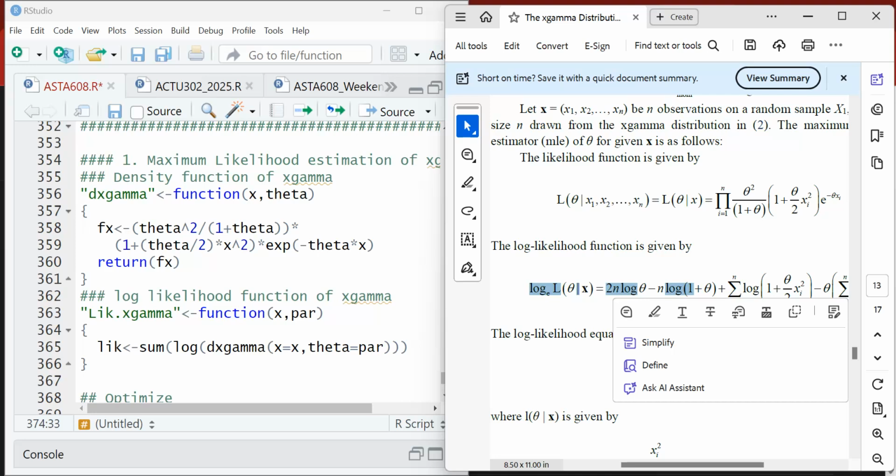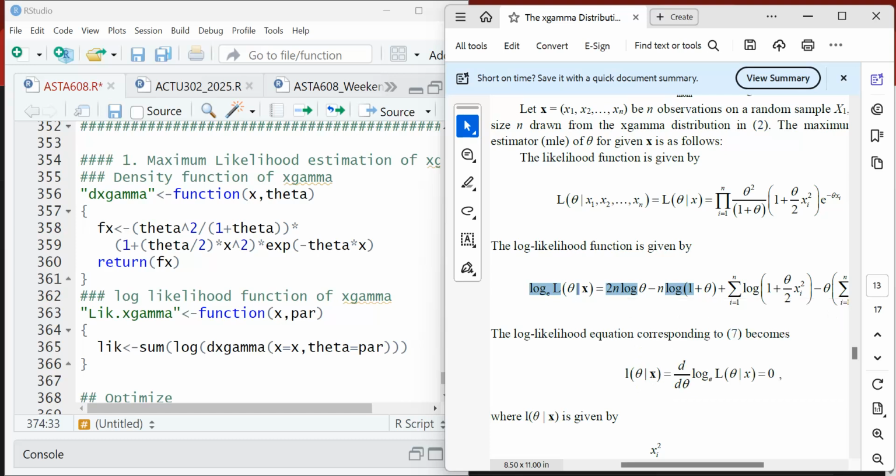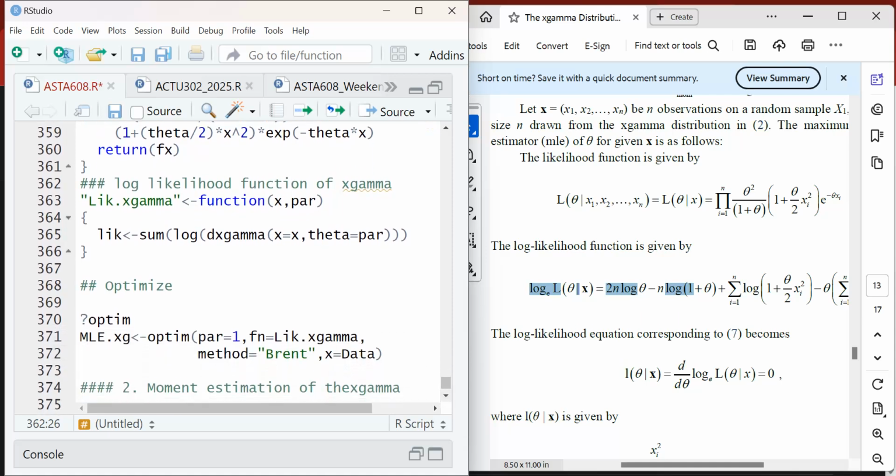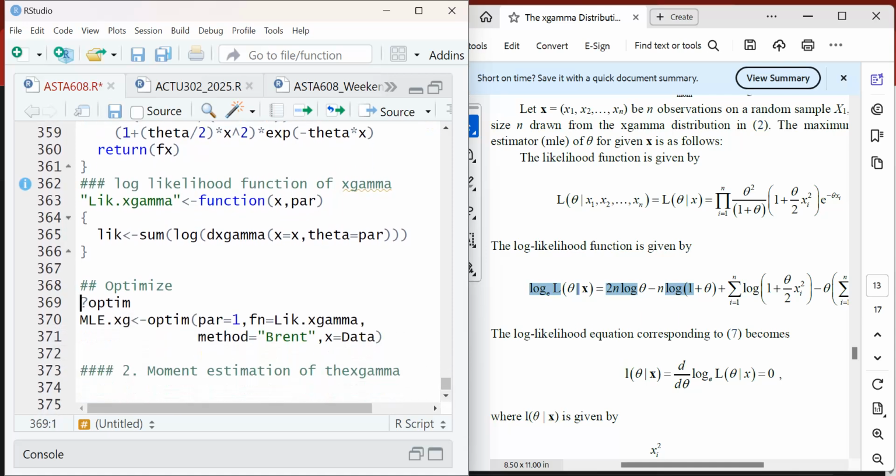It's long, but we can break it into the density and also sum them. So for maximum likelihood, you get your likelihood function, you get the optimization step. And that's what we have done over here, which is the optim. We are here to check whether it will work, but I'm sure it will. So we go to the next, which is the moment estimator.